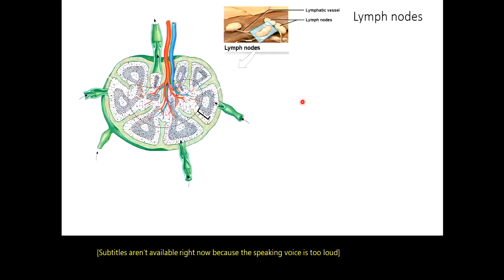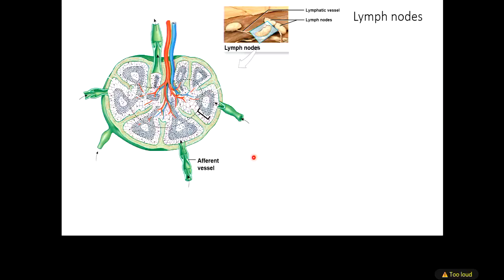Now here's an example of another secondary lymphoid organ. These are the lymph nodes, and how the lymphocytes are activated is something we'll get to in tomorrow's lecture. But for now, notice that there are a number of afferent vessels bringing lymph to the lymph node, but you have a single efferent vessel.